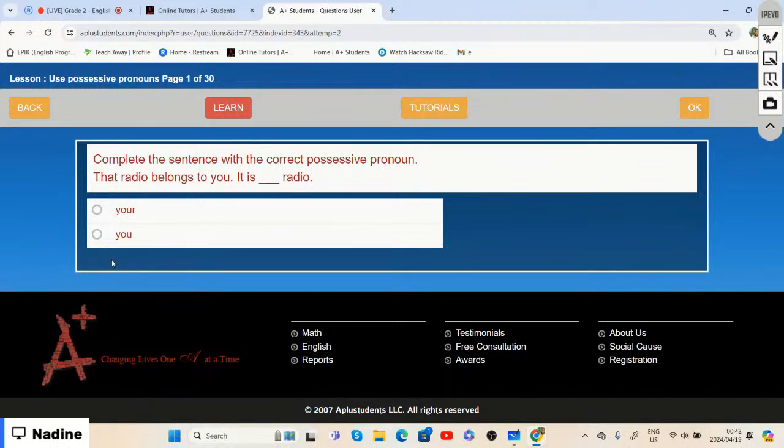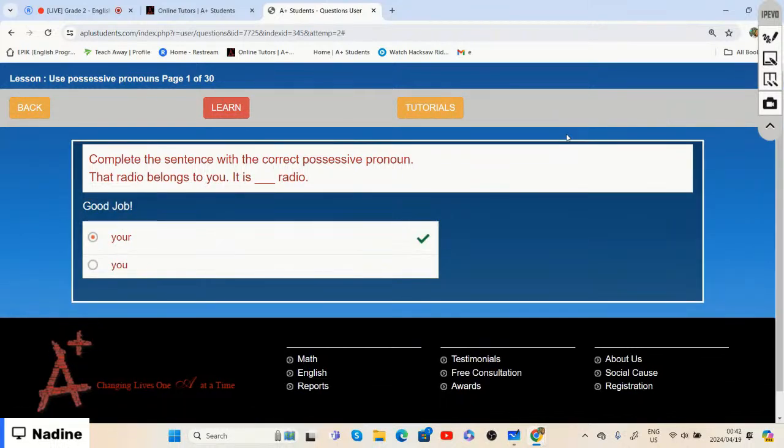All right. Yes. So if we choose the correct possessive pronoun, if that radio belongs to you, then we say it is your radio, right? So well done.